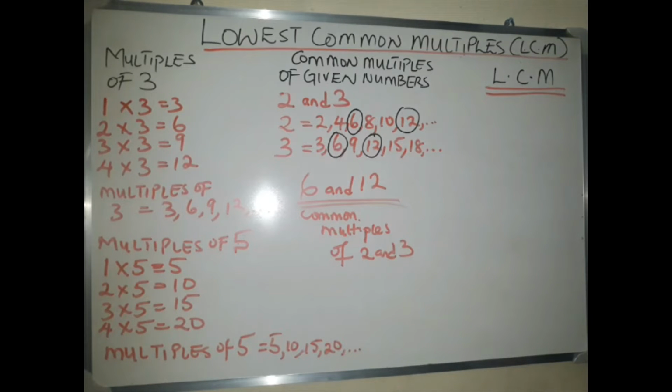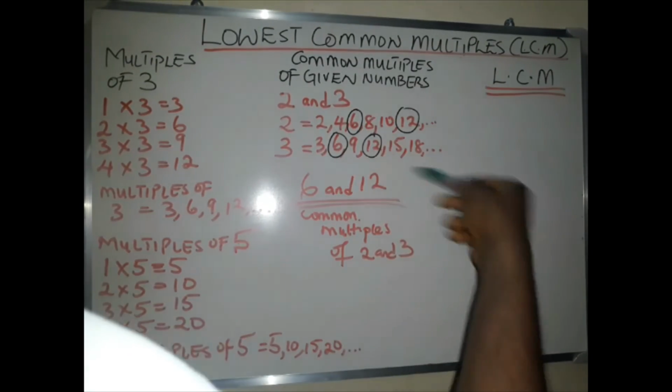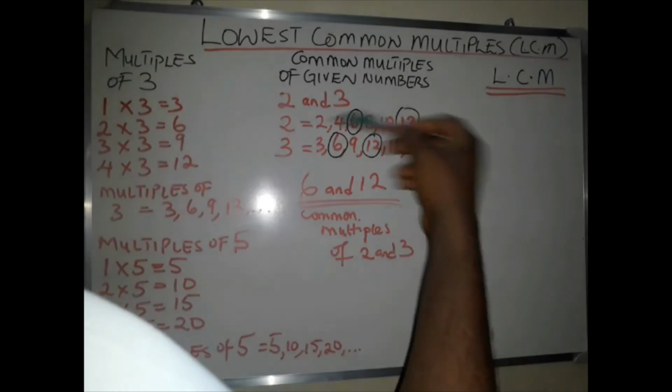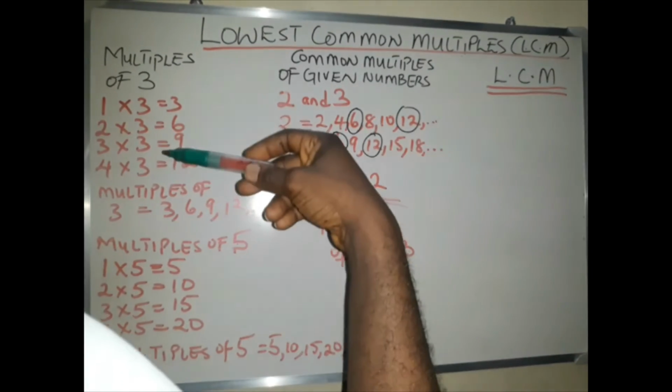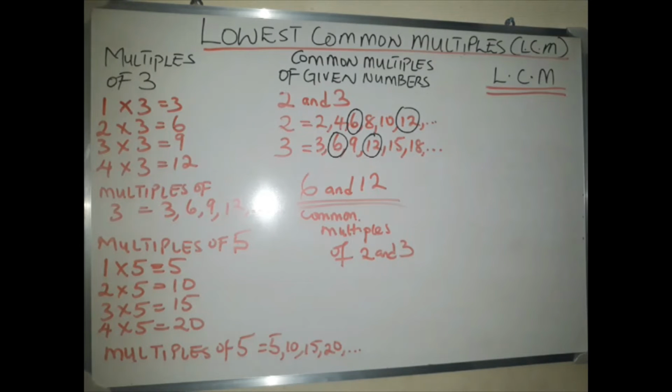Because if you're asked to find the common multiples of given numbers, it can take you some time. You keep on going on and on because the multiples keep on increasing. But just to simplify the question, we can just ask you to find the lowest common multiple of given numbers. And when they ask you to find the lowest common multiple, what do they mean?